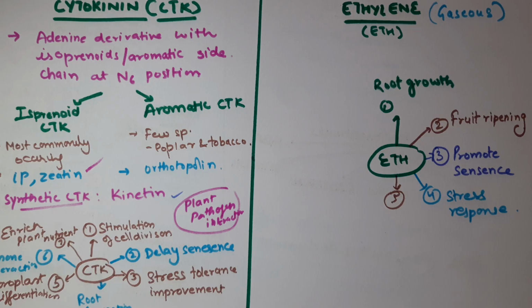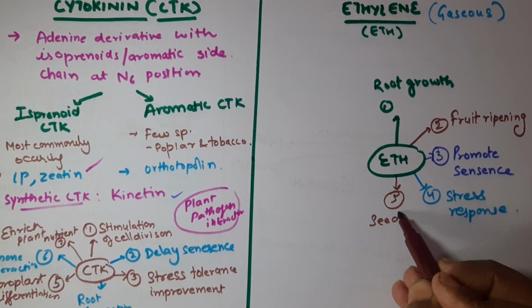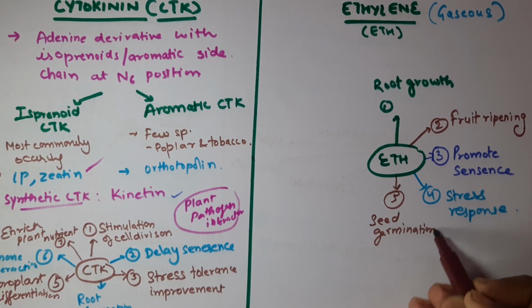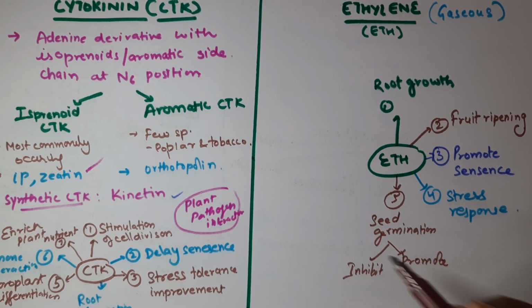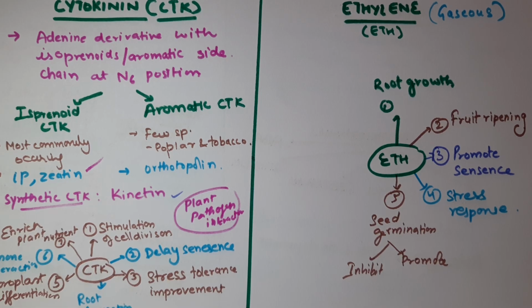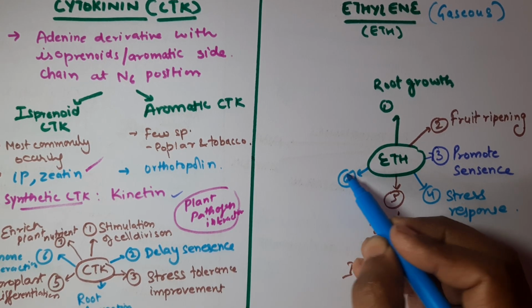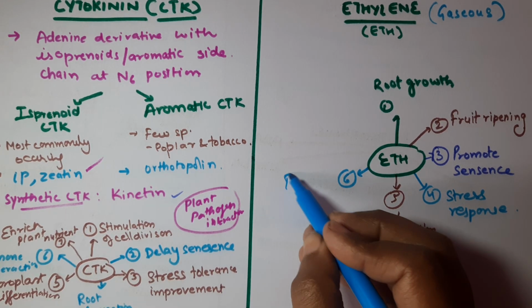The fifth role is that it affects seed germination. It can inhibit seed germination in a few species, and in some species it is known to promote seed germination. The next role of ethylene is that it helps in flowering.